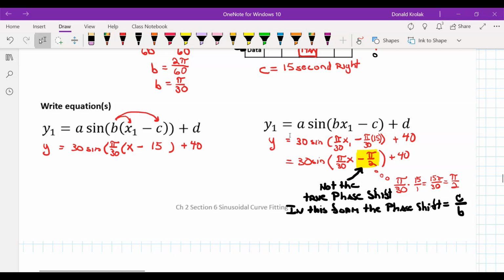So the reason why people like the other one is that this is the true phase shift. It's not disguised.